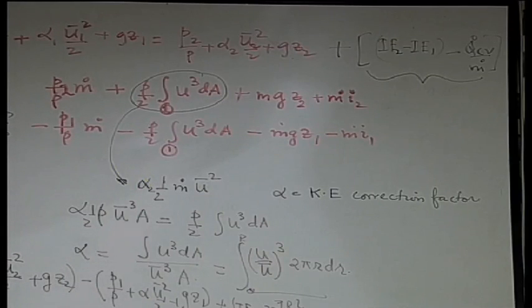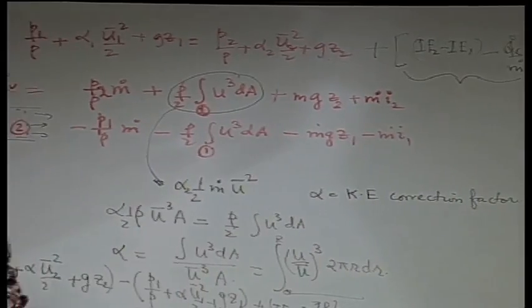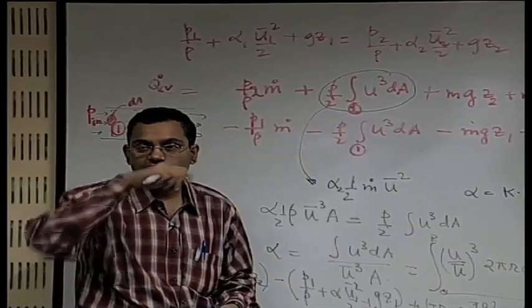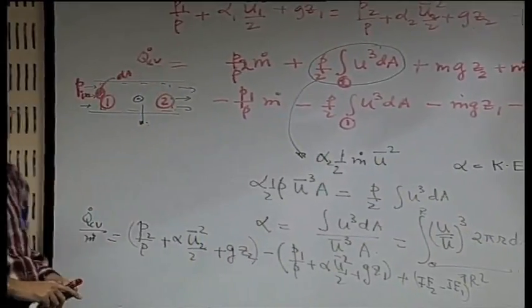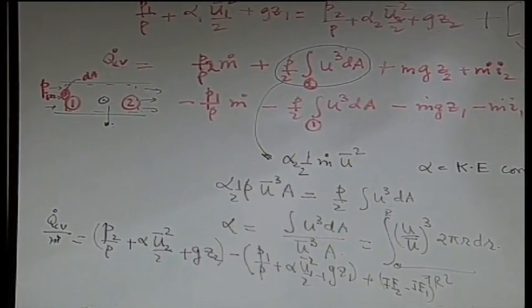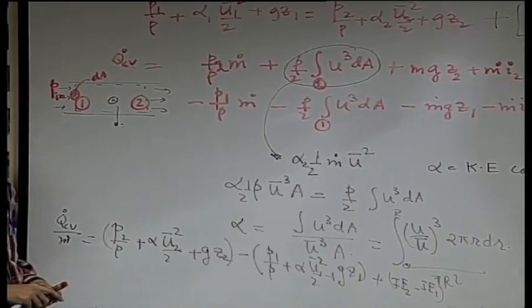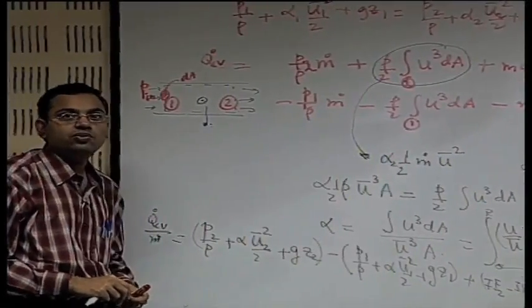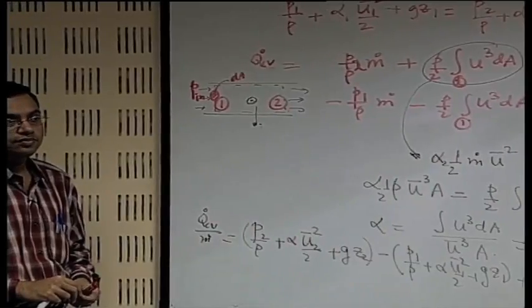Now consider one important thing. If we ask you what is the work done by the fluid to overcome the wall shear stress, the shear stress at the wall, what will be that?